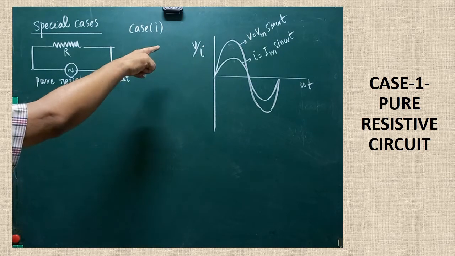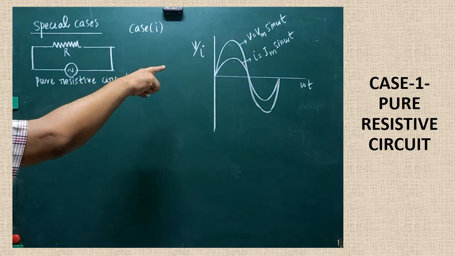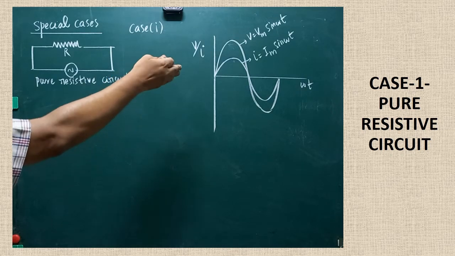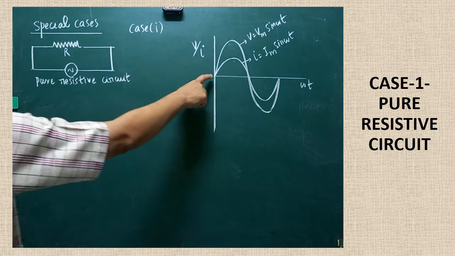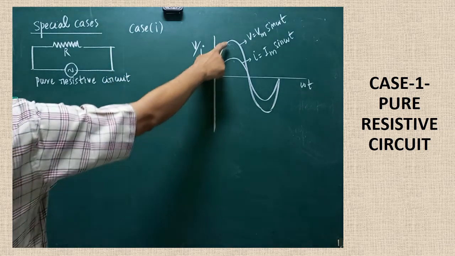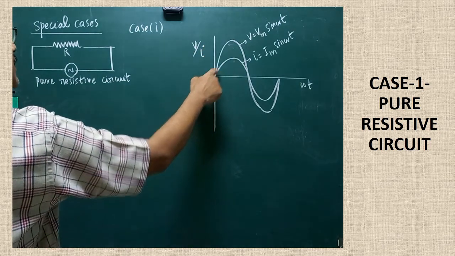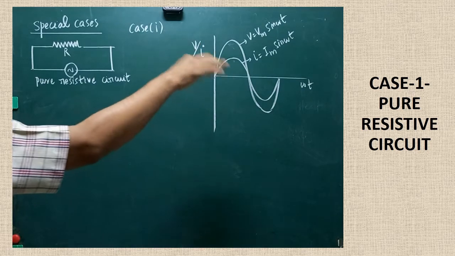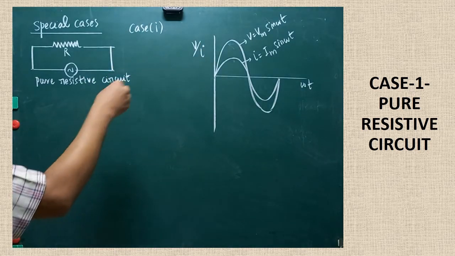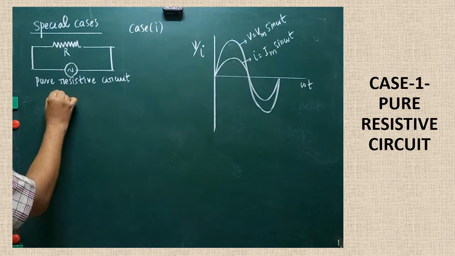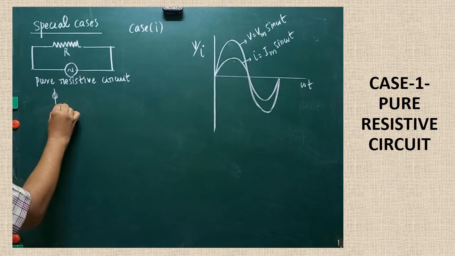The instantaneous voltage and instantaneous current both are in phase. That is shown graphically. When voltage increases from 0 to peak value, the current also increases from 0 to peak value. The variation occurs like that, but there is no phase difference between instantaneous current and instantaneous voltage.